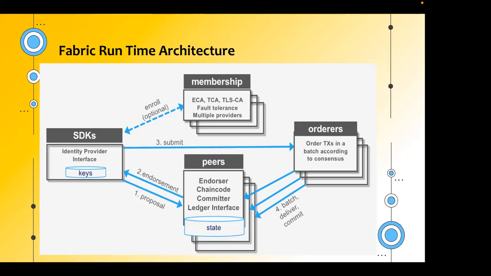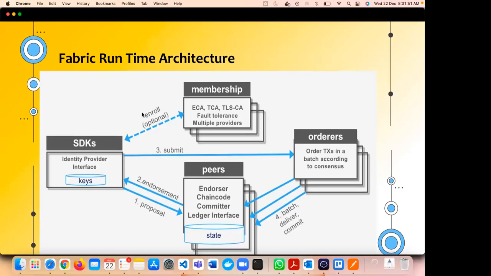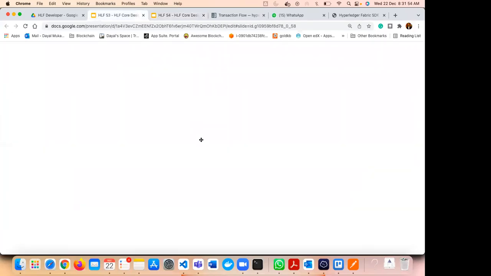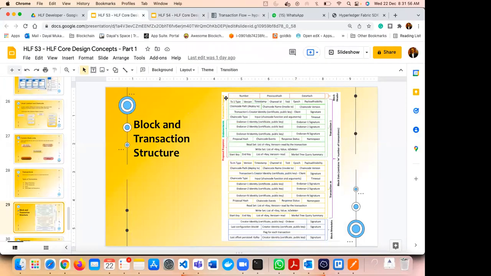That information will come from the membership, and then the SDK will first send a proposal. Step number one, if you see, this is the very first. So this is a proposal, right? If you recall, this is my transaction proposal. In the proposal request from the SDK, this information will come.